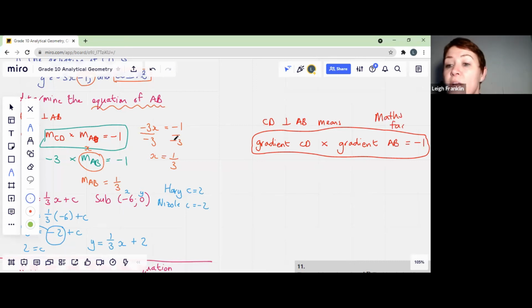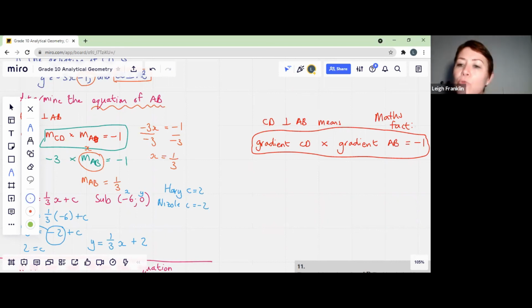Okay, that's always true, like gravity. Gravity always applies. There's never a day that we get up in the morning and we're floating above our beds. In the same way, if you've got two lines and they meet at right angles, when you multiply their gradients, you're always going to end up with -1 as an answer.